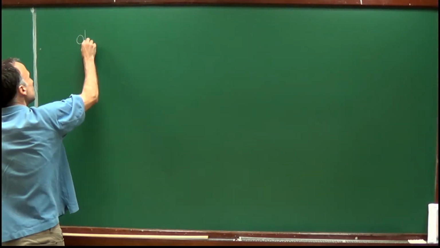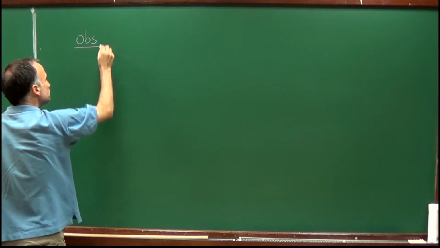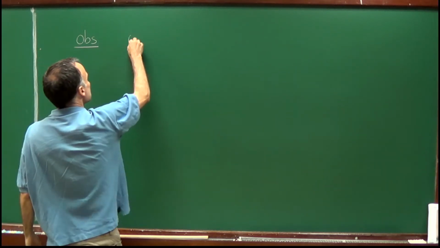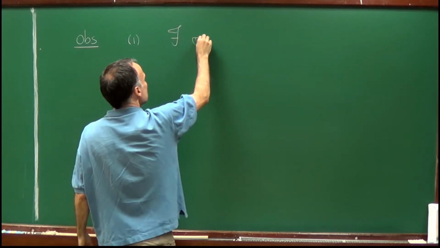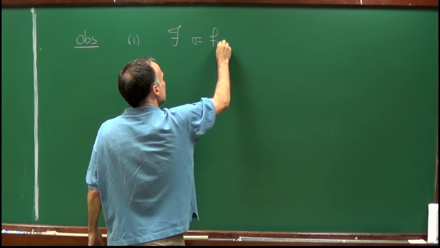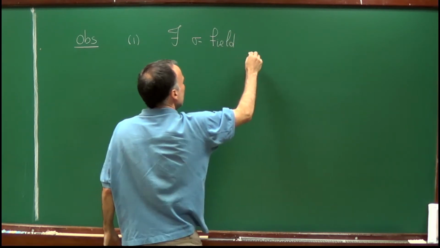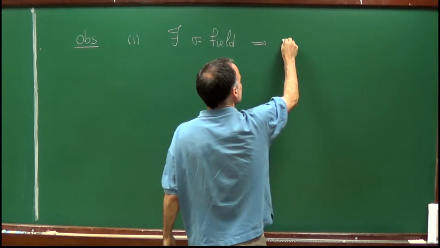Of course, an observation. Well, first observation is that if F is a sigma field, then it's a monotone class.